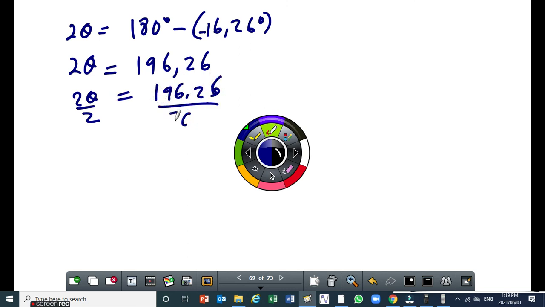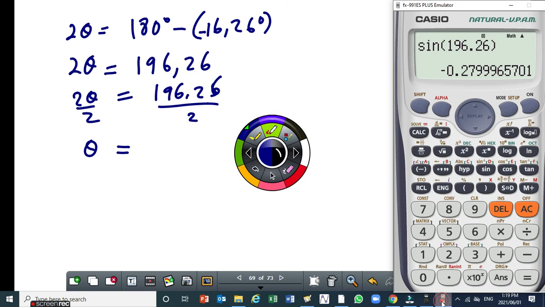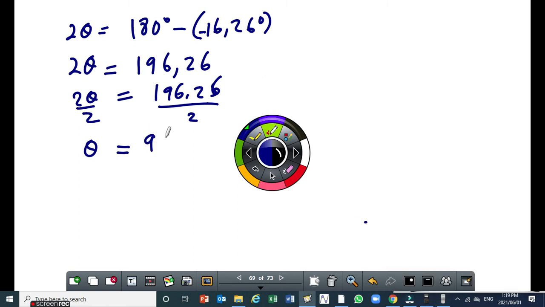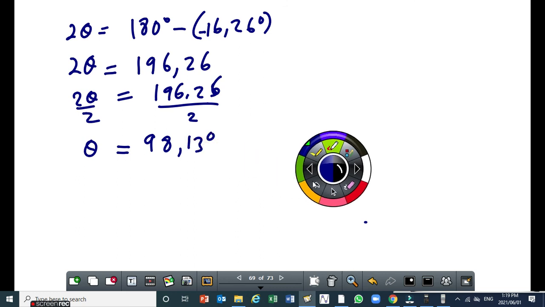196.26 over 2. So my theta, if I divide that by 2, it will be 196.26 divided by 2. So I'll get 98.13 degrees. So this is the first value of theta.